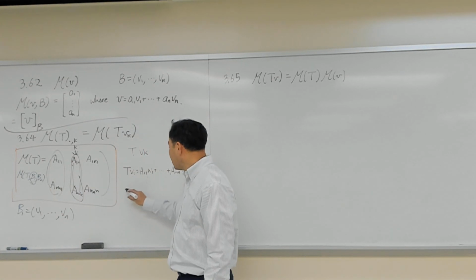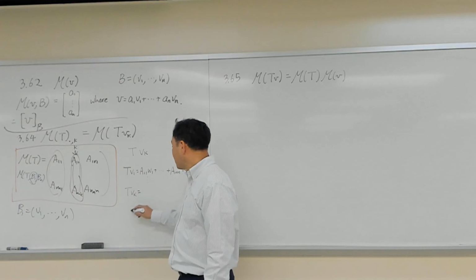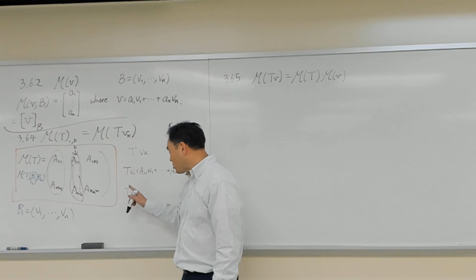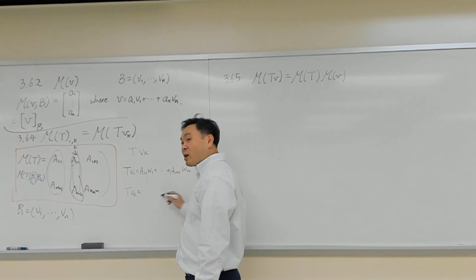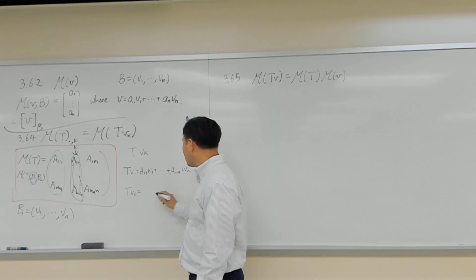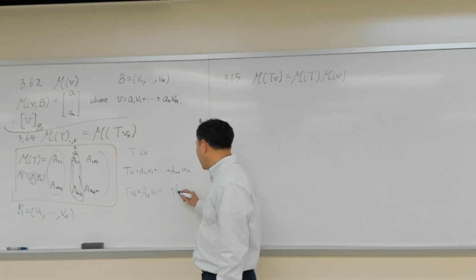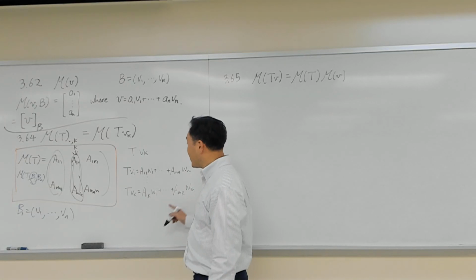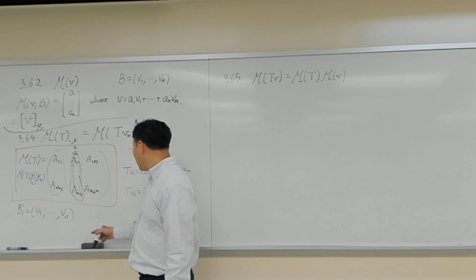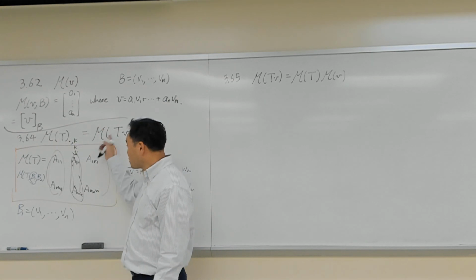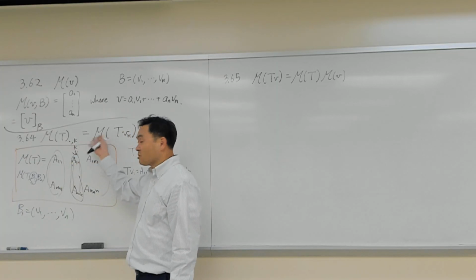So if you have T of Vk, the way we build this matrix is by applying T to Vk and rewriting that as a linear combination of W1 through Wm. We write it as A1k W1 all the way up to Amk Wm, and A1k through Amk is exactly the kth column. So this is just true by definition. If you recall how we got this matrix, this is just true by definition.